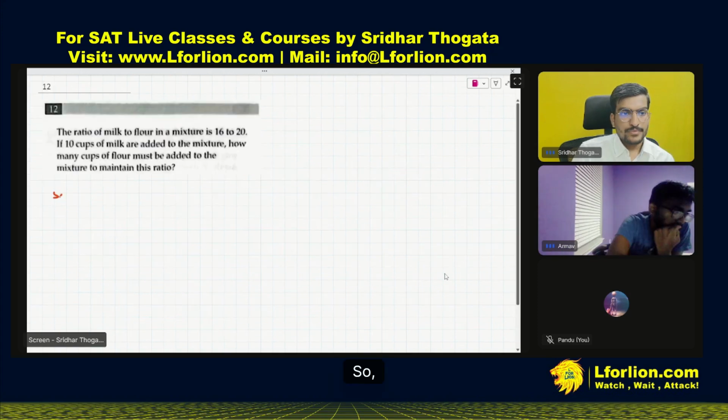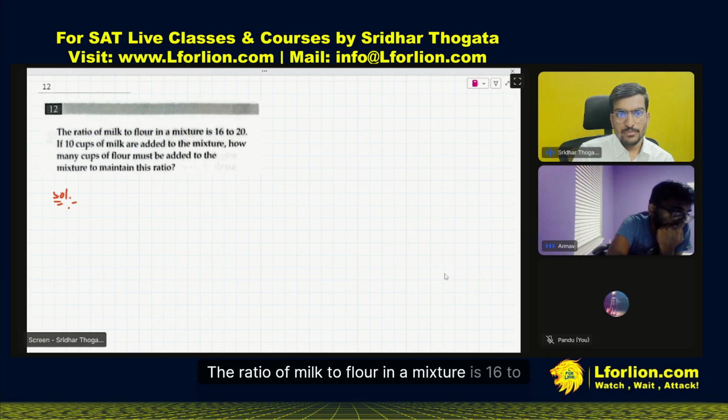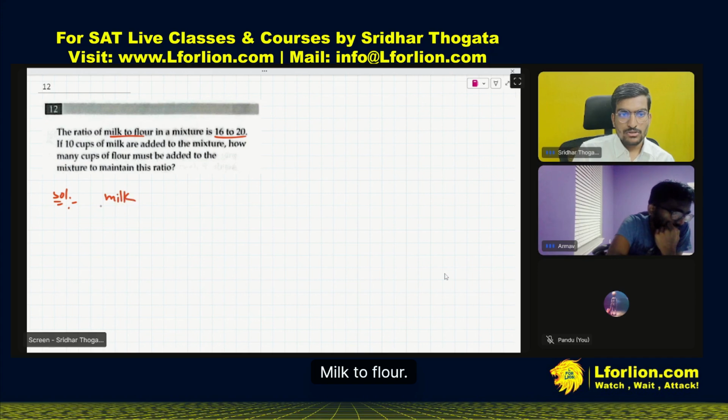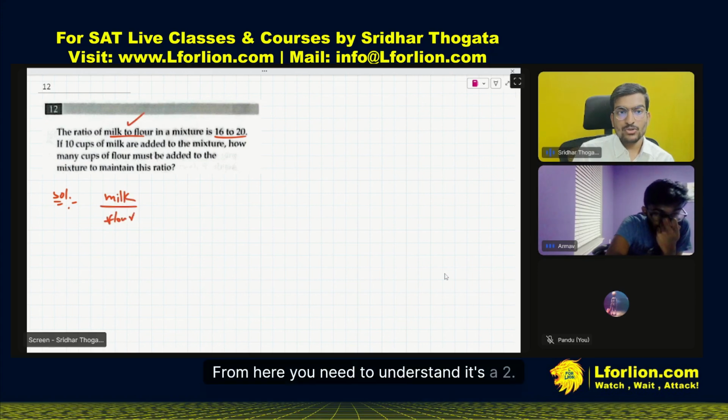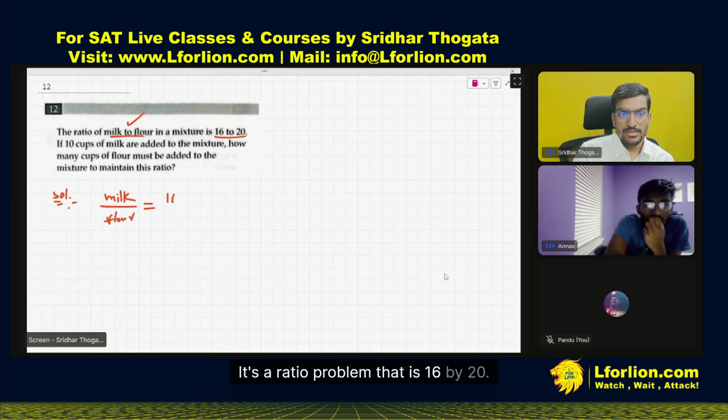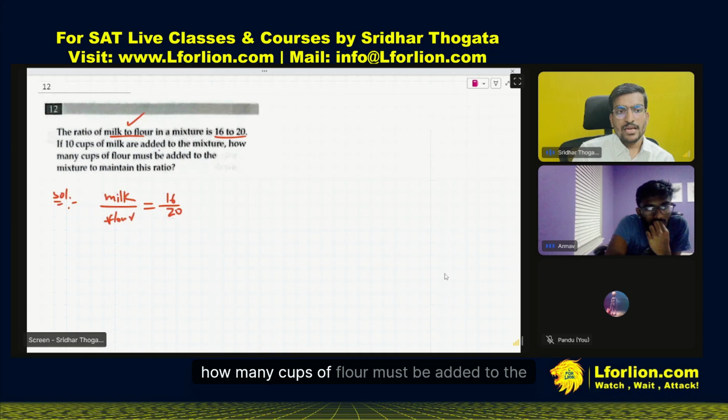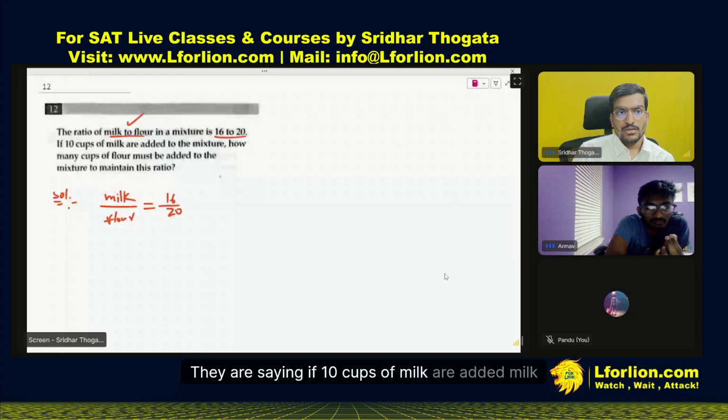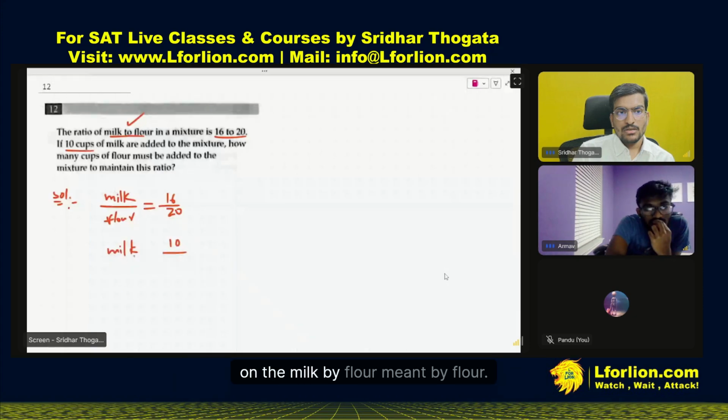Yes. So the 12th question: the ratio of milk to flour in a mixture is 16 to 20. Milk to flour, this is not a rate problem. From here you need to understand it's a ratio problem. If 10 cups of milk are added to the mixture, how many cups of flour must be added to maintain this ratio? They are saying 10 cups of milk only.